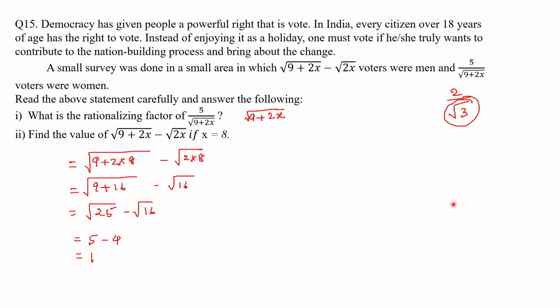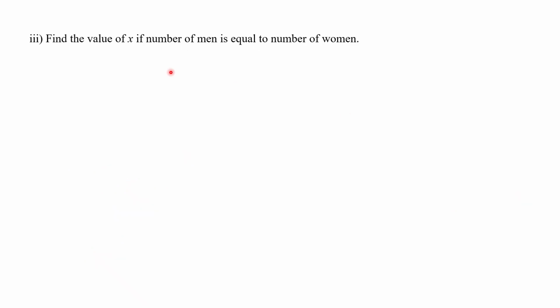Now I am moving to a question which will carry 2 marks. Find the value of x if number of men is equal to number of women. In the question, it was already given the number of men was root of (9 plus 2x) minus root 2x, and women was 5 by root of (9 plus 2x), and it is given here both are equal, then what will be the value of x?